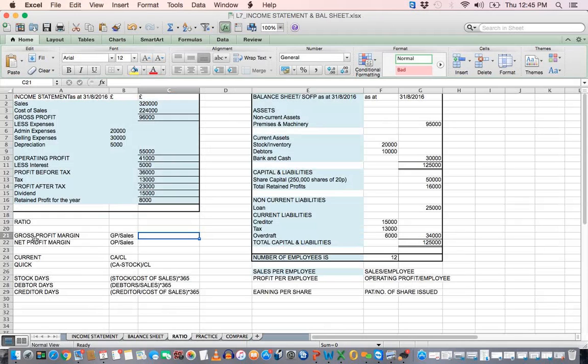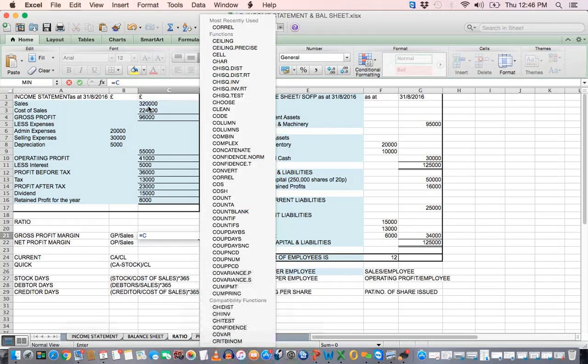Now, here I'm going to show you how we are going to calculate the ratio. Gross profit margin, as we know, the formula is gross profit divided by sales. If you want to calculate in the Excel sheet, you always start with the equal sign.